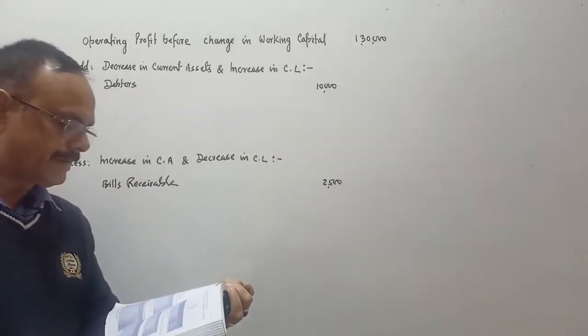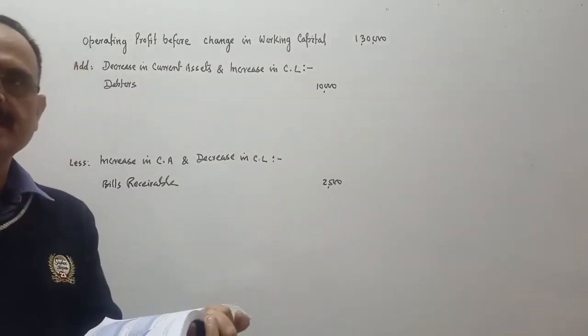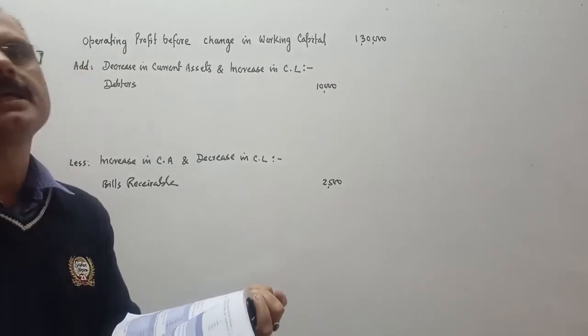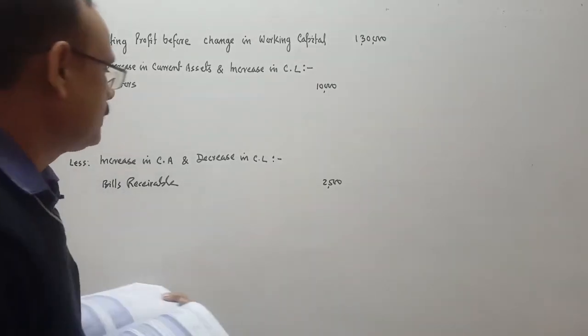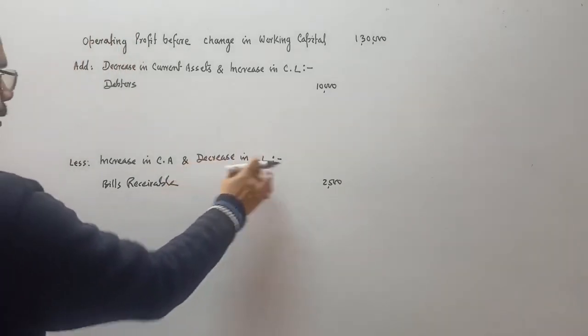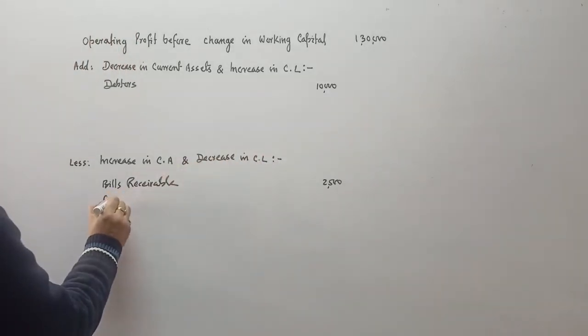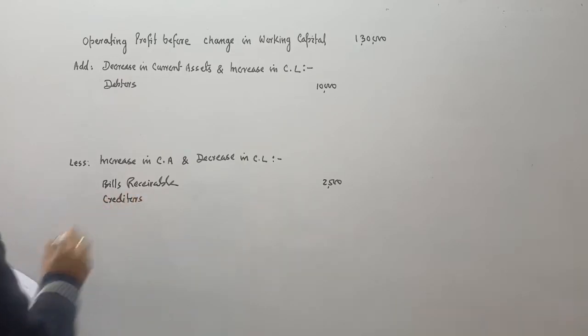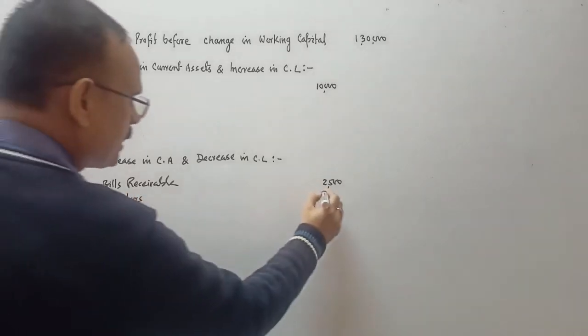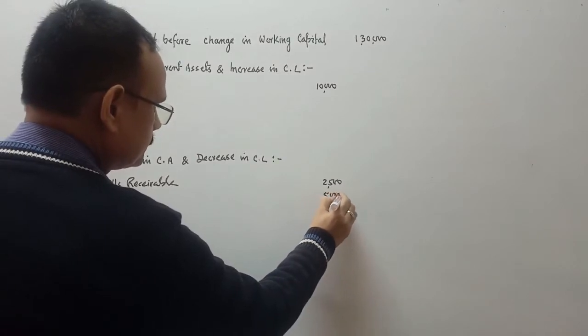In 2017 it was 25,000 and 2018 it is 20,000. So creditors is decreased by 5,000. So decrease in current liability, we will write it over here.